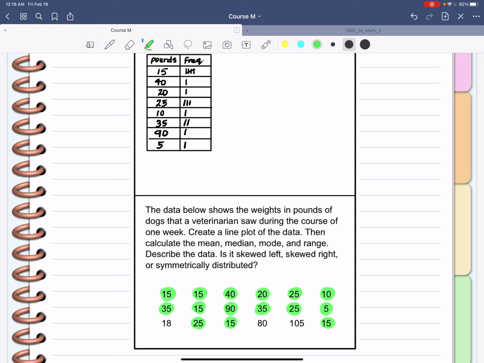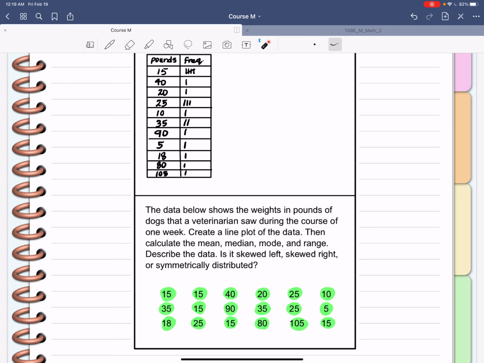I see an 18, so I am going to need more rows. I'm going to need 3 more rows, actually. So there's 1, 2, 3. I think I can squeeze it in there. So I have an 18, an 80, and a 105, and those each occur only one time. So I have accounted for all of these.